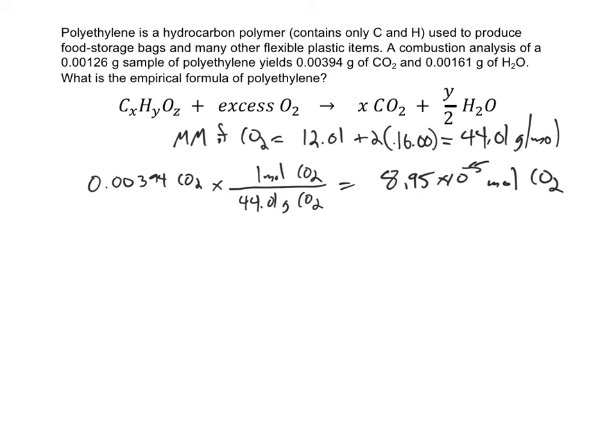Okay, now we'll do something similar with the water. All of the hydrogen atoms in our starting material ended up in the water, but for every 1 mole of water, I'll have 2 moles of hydrogen atoms. So I'll need to take that into account because I want to know the number of moles of hydrogen atoms.